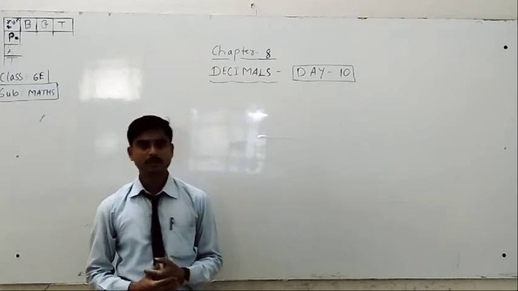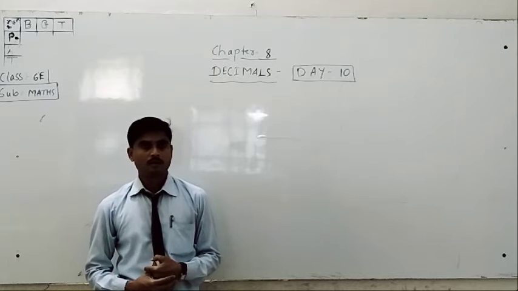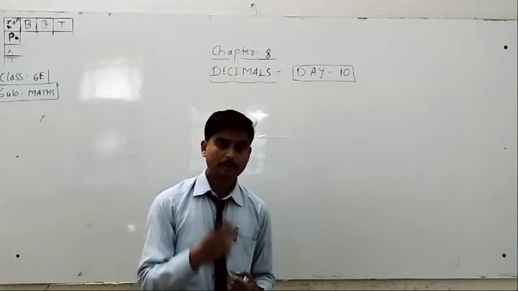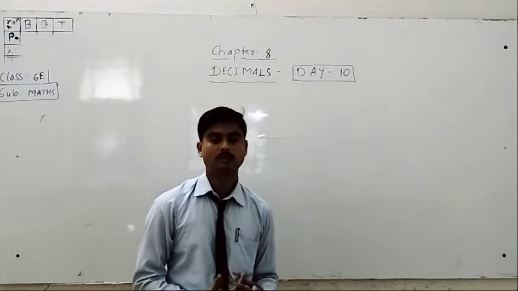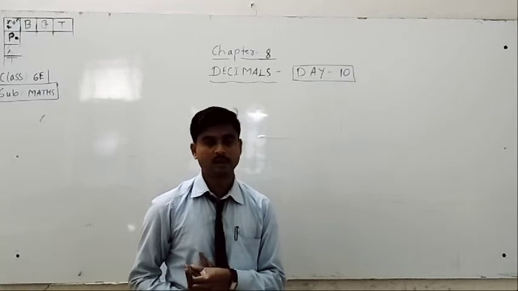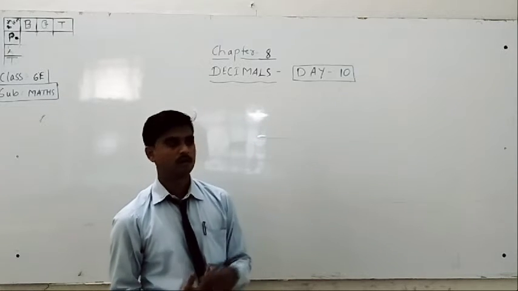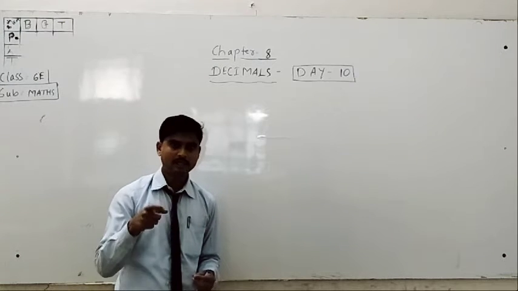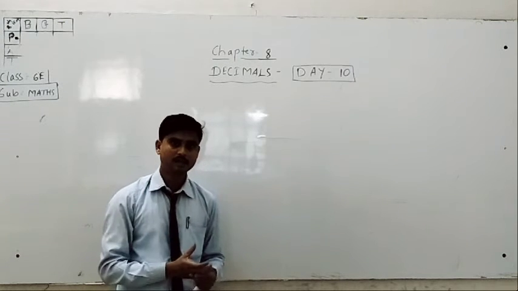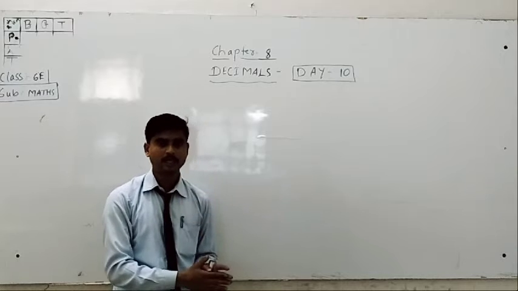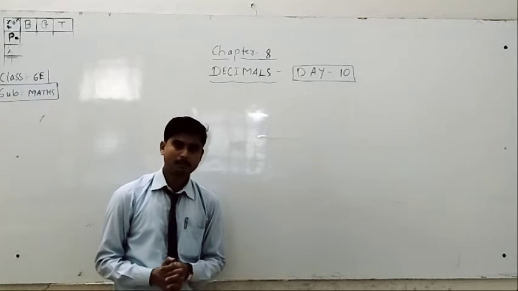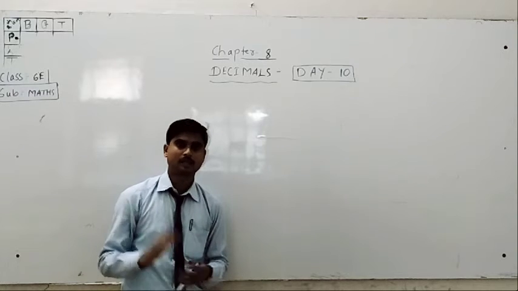Then there is another definition: numbers which have a decimal point in between are called decimal numbers. And we also discussed examples yesterday.